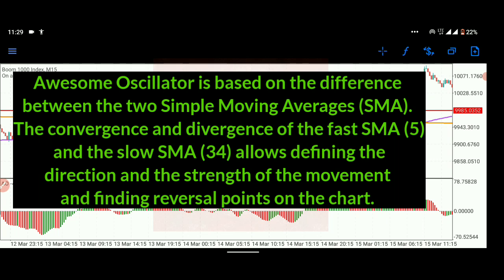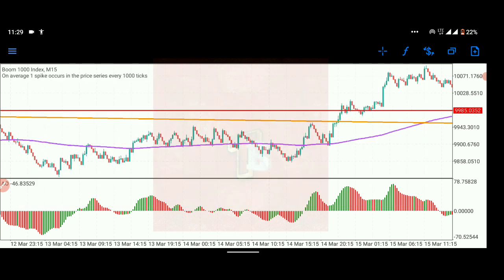It allows defining the direction and the strength of the movement and finding the reversal points on the chart. It is quite the same as the MACD, but totally different from the MACD.